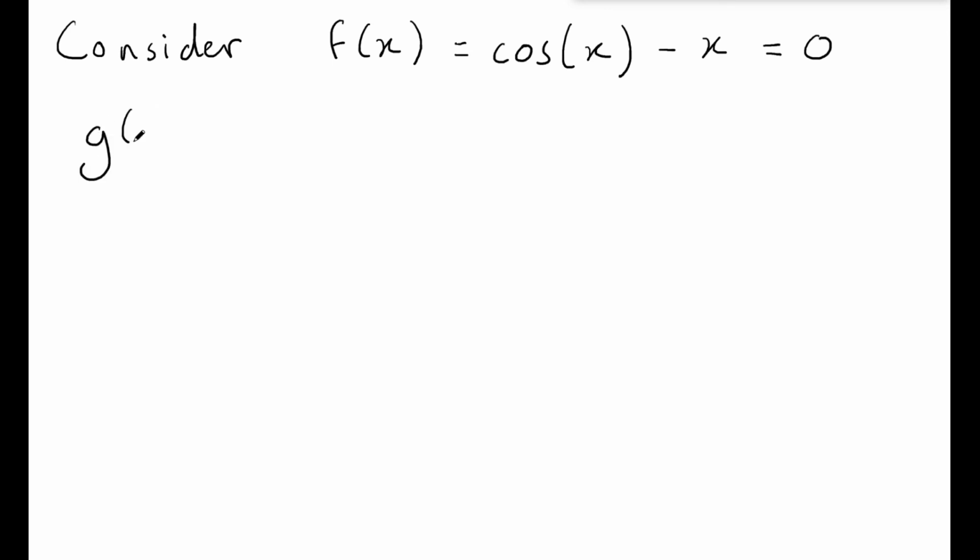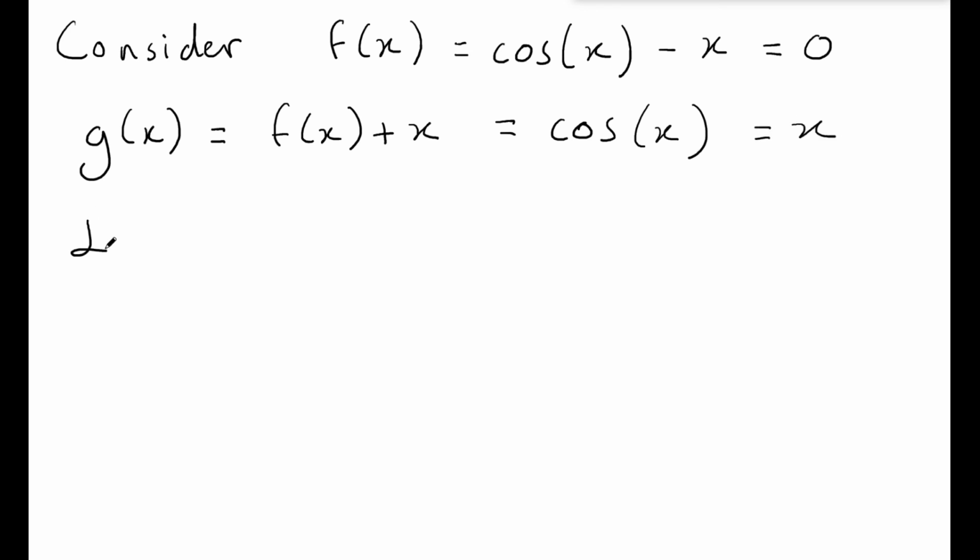So g of x in this case is simply f of x plus x, because f of x is g of x minus x. I've just rearranged that original formula, which equals cos x. So I've set this up to just be cosine, and that equals x. And then we iterate.